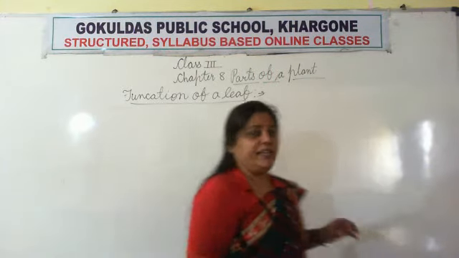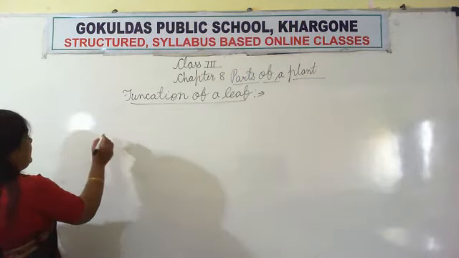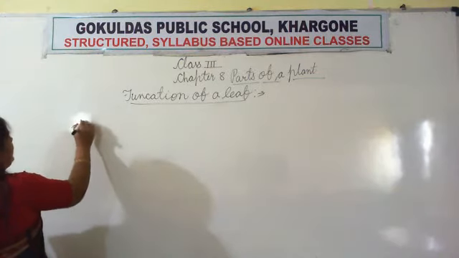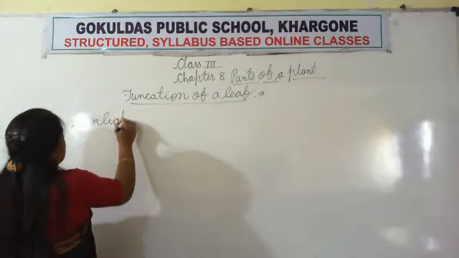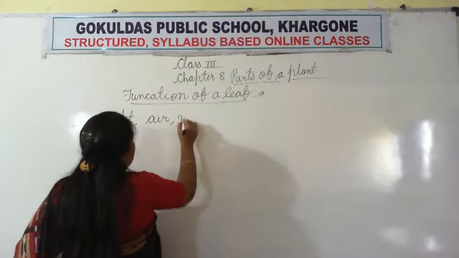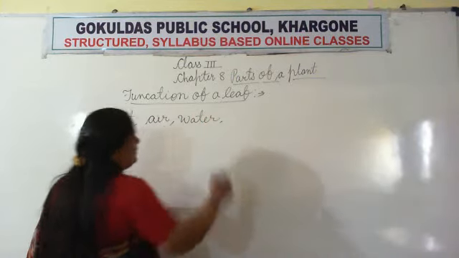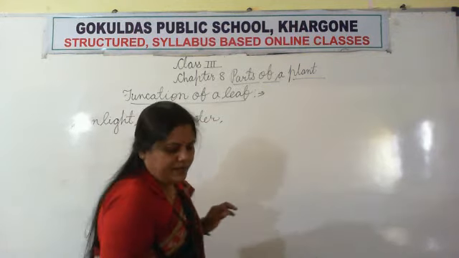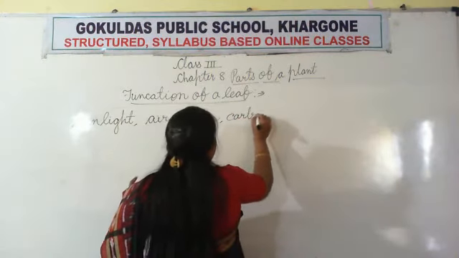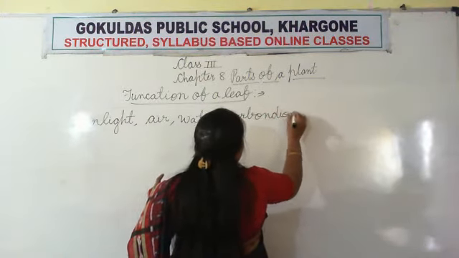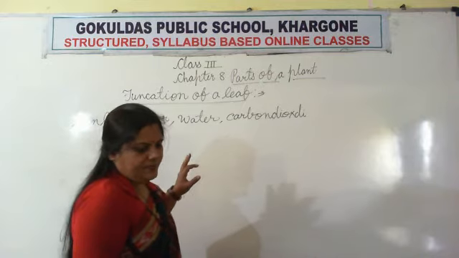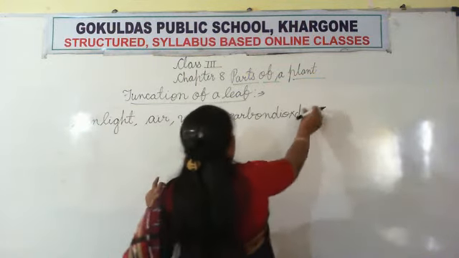So the leaf is using air. First it will use sunlight, then air, then water, then air, water and carbon dioxide.